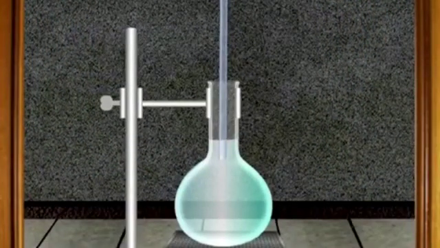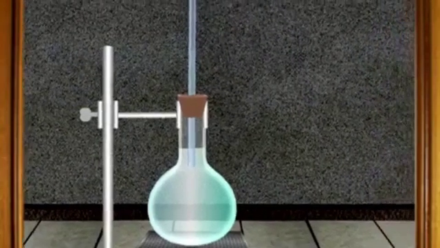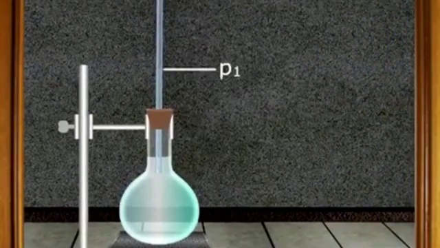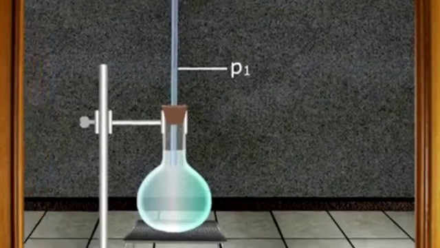Insert a long tube in a single-holed cork and fix the flask properly. Place the entire apparatus on a tripod stand for heating. Mark the initial level P1 of the water in the glass tube and start heating the flask.